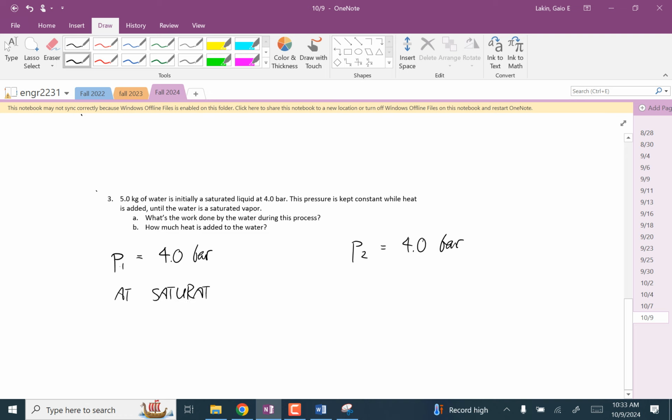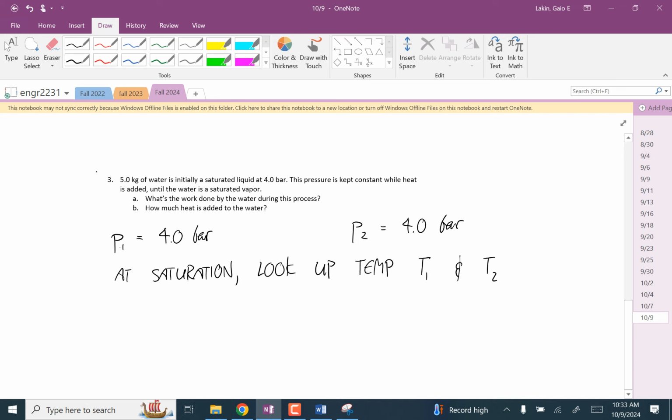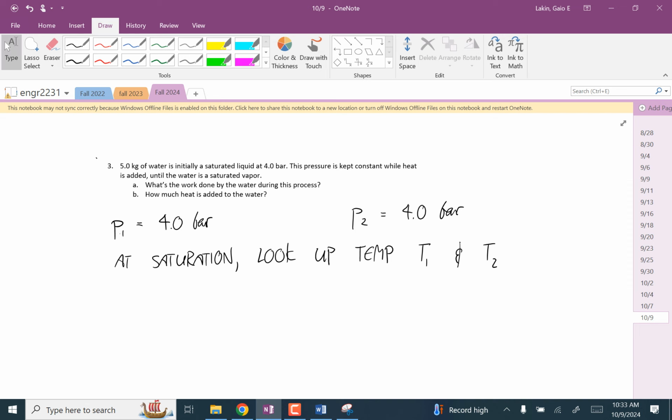So you can figure out the temperature at both of these two cases, right? And this is true.